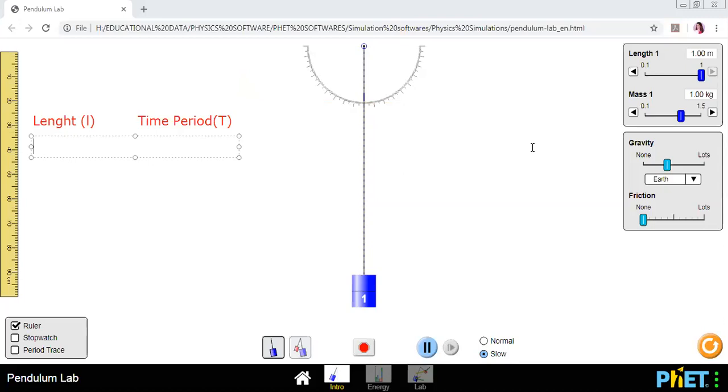The lengths I'm going to consider are 25 centimeter, then 36 centimeter, then 49 centimeter, 64 centimeter, then 81 centimeter, and 100 centimeter. These are the different lengths of the pendulum which I am going to observe.